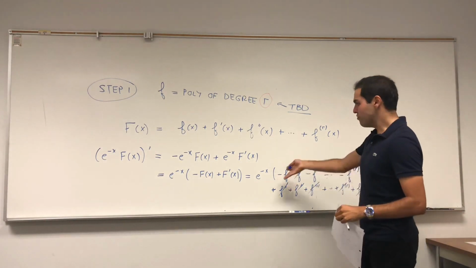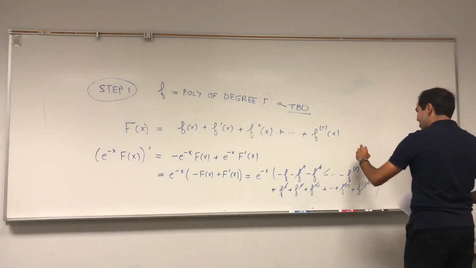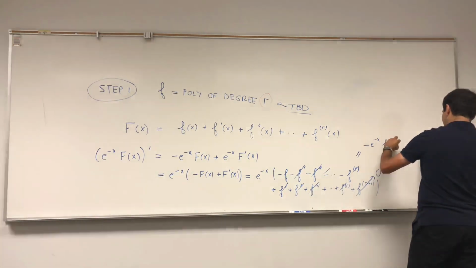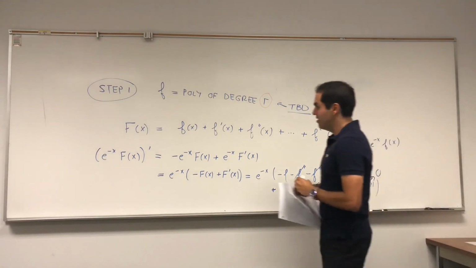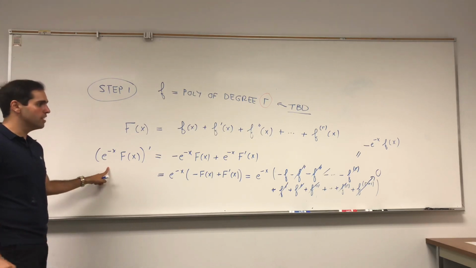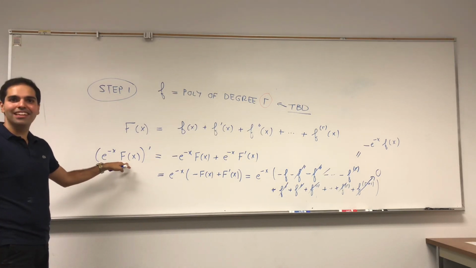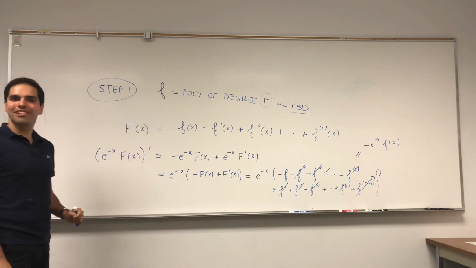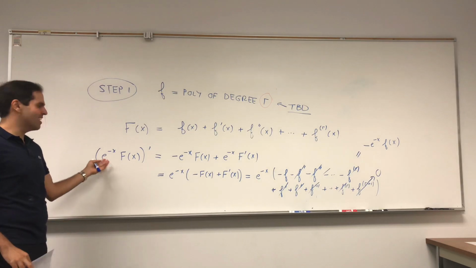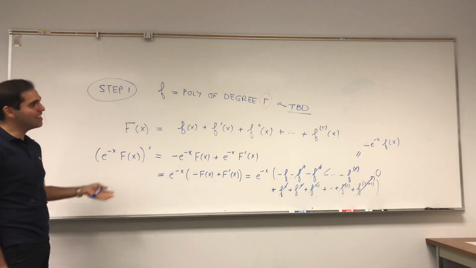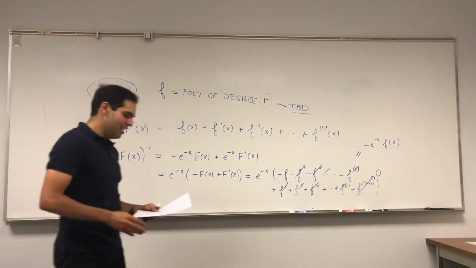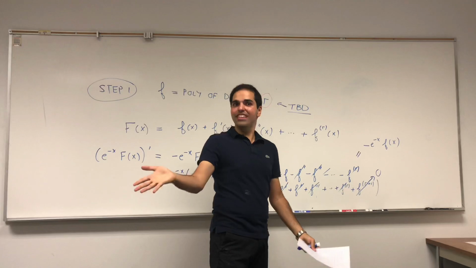And what you're left with after this huge explosion is simply minus e to the minus x, f of x. So it's really cool. In other words, if you differentiate this huge thing, it's as if you just differentiated capital F, except maybe with a minus sign. So in some sense, up to conjugation by e to the minus x, you do get an antiderivative.